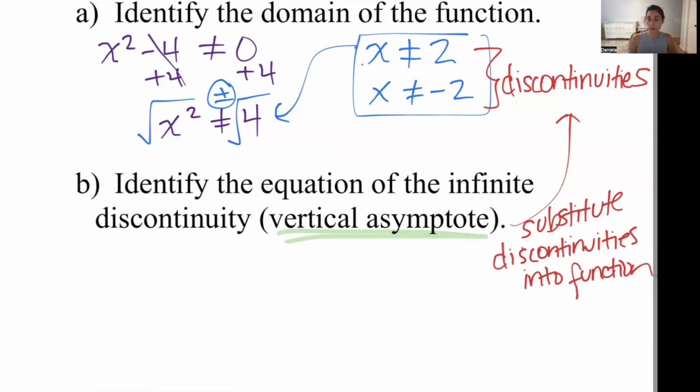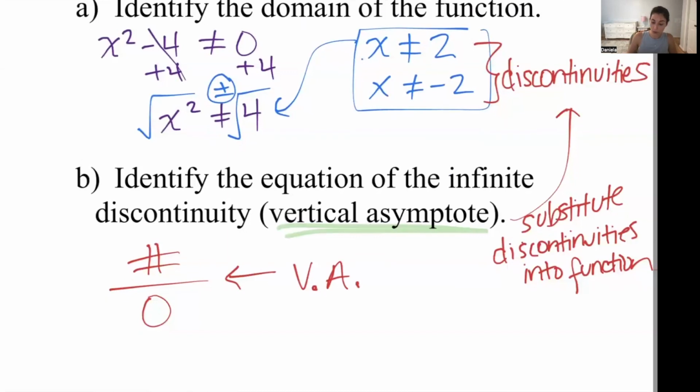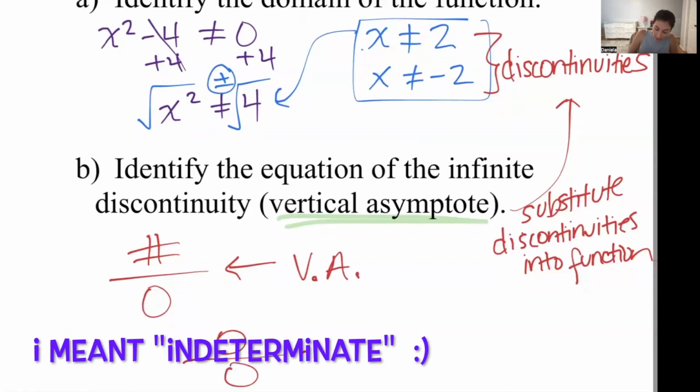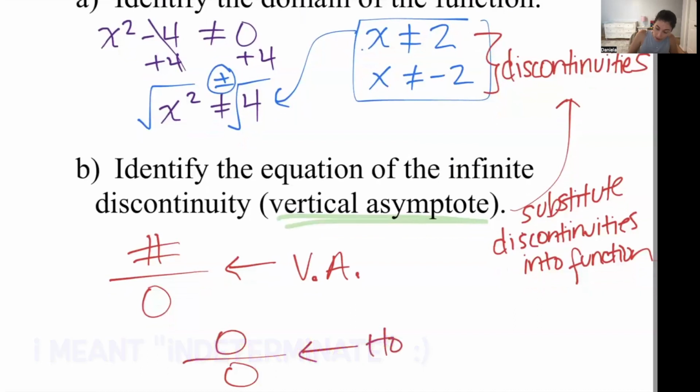If you substitute a discontinuity into a function and you get some number, any number, over 0, that is how you know that there is a vertical asymptote. I'm abbreviating here vertical asymptote. So that's what we're looking for. If you substitute into the function and you happen to get both a 0 up top and a 0 on the bottom, that's called indeterminate. And that is going to give us information that we know there's going to be a hole there.